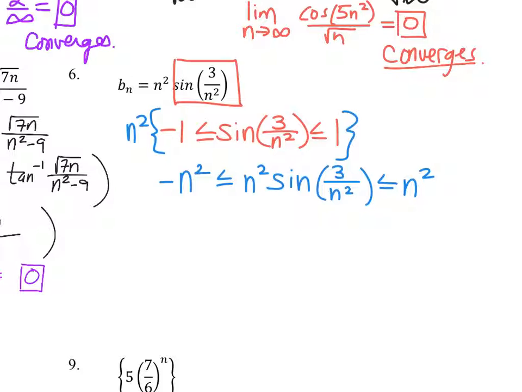All right. The next step in the process would be, because this is still a true statement, it's sandwiched in between. I want to find the limit of this as n approaches infinity. So for the lower bound, infinity squared is infinity, negated is negative infinity.